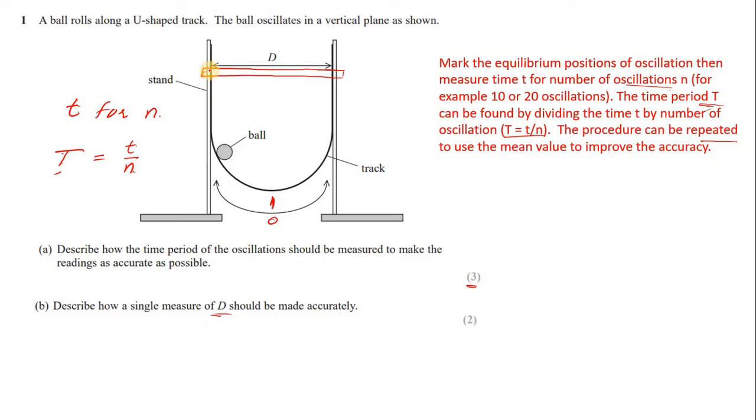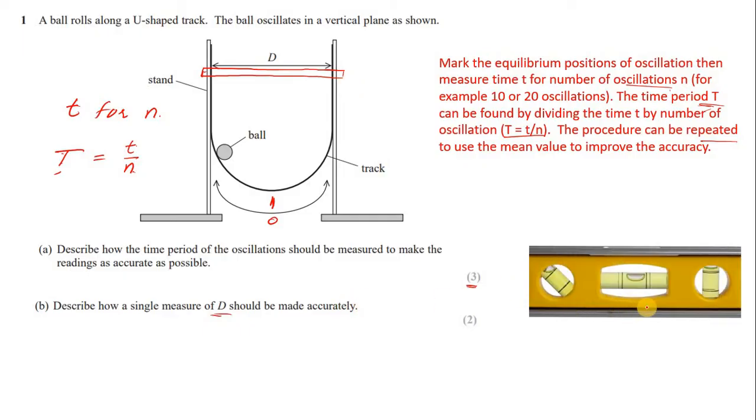In order to keep the ruler horizontal, we can use a spirit level, and this is the picture of a spirit level. This spirit level has a bubble inside, and the position of this bubble tells us whether the object is levelled or not. So if this bubble is at the center, like right now, then this spirit level is exactly horizontal.